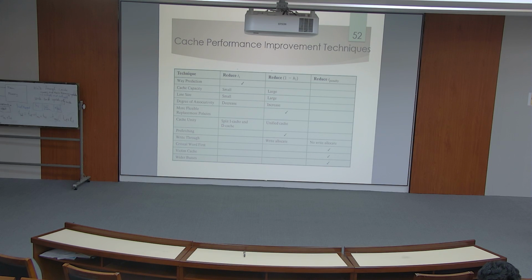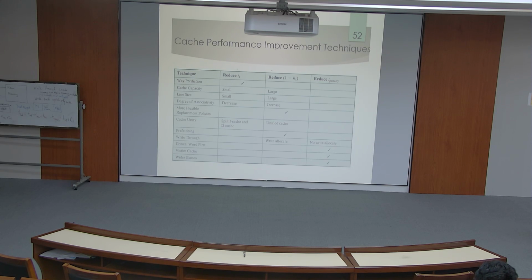Now we have cache performance improvement techniques. So the way prediction, what does this do? What is its importance? For the way prediction, it does slow down the hit time. For cache capacity, for example, if you have a smaller cache, that means we have a much faster cache.